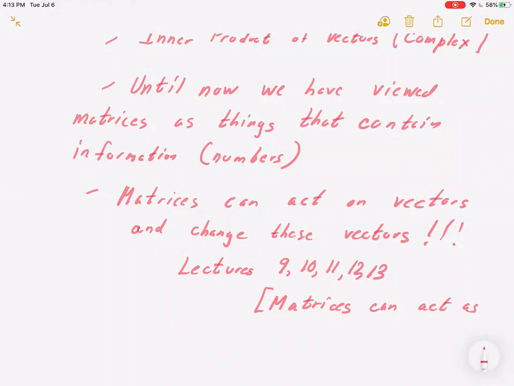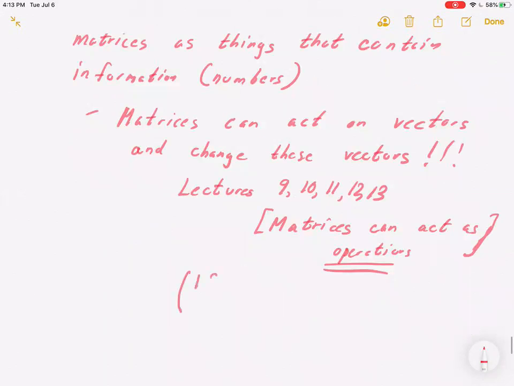Vectors can also act as operators because vectors are matrices, but we're going to look at a more powerful situation where a matrix itself, an n by n matrix or an m by n matrix, actually does something to a vector, changes it somehow. So for example, this matrix does something to this vector. And the question is, what does it do? How does it transform this vector? We'll talk about that next time in lecture 9.